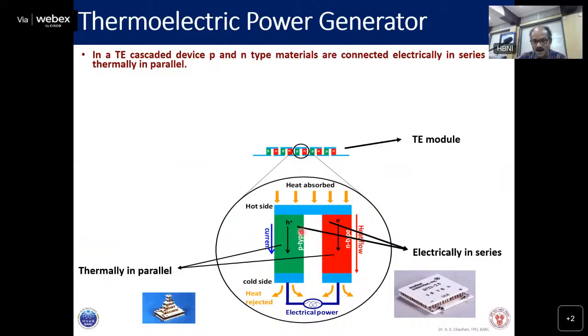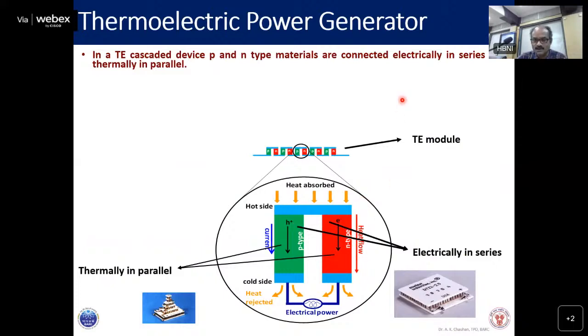So how are they connected? They are connected electrically in series. So this goes like this, and thermally in parallel. Your thermal source is this and the sink is this, and thermally they are connected in parallel. So thermally both are seeing the thermal current in the same direction. It means heat is flowing from this to this on both sides.